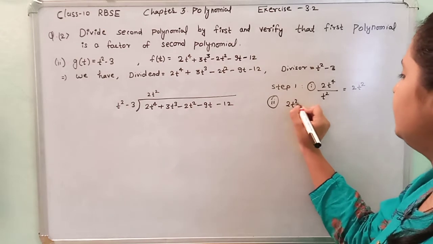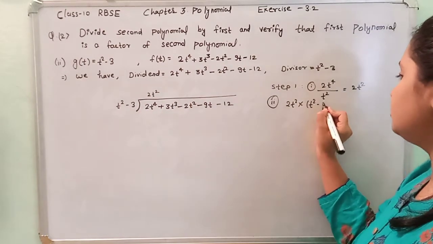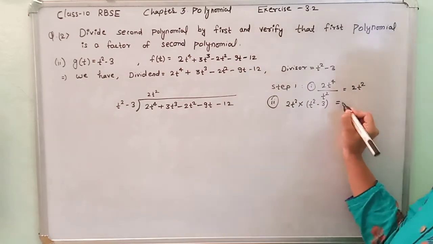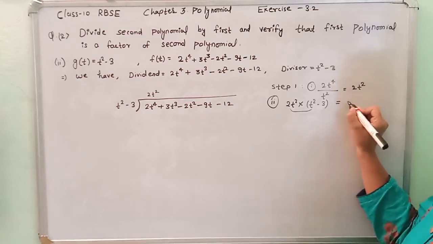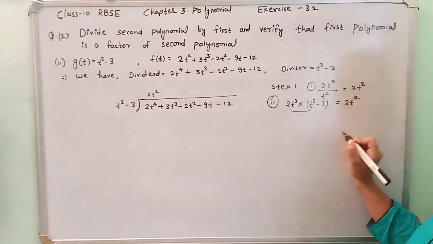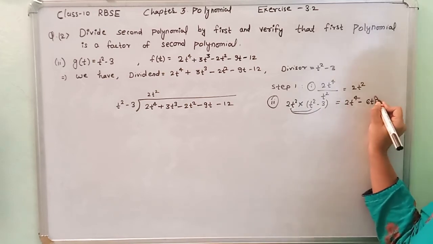Now this 2t square will be multiplied by this divisor, t square minus 3. Fine. Now 2t square multiplied by t square, we will get 2t raised to the power 4. 2t square multiplied by minus 3, we will get minus 6t square.